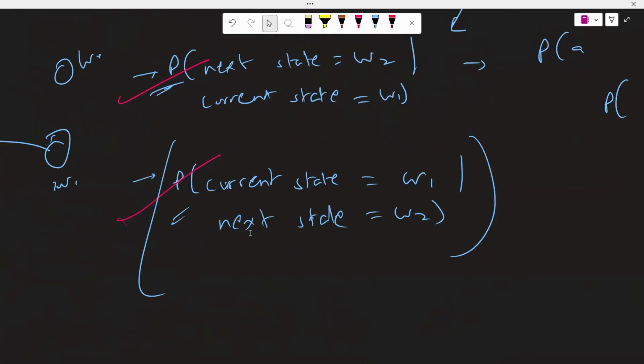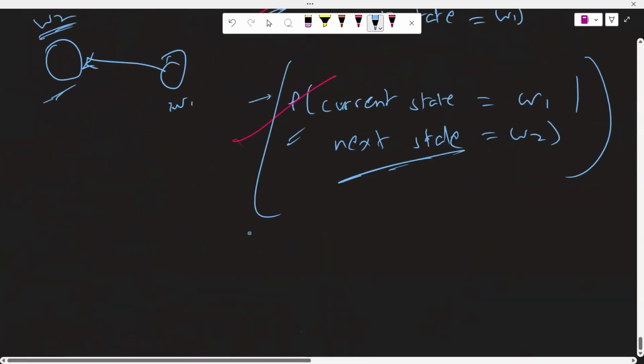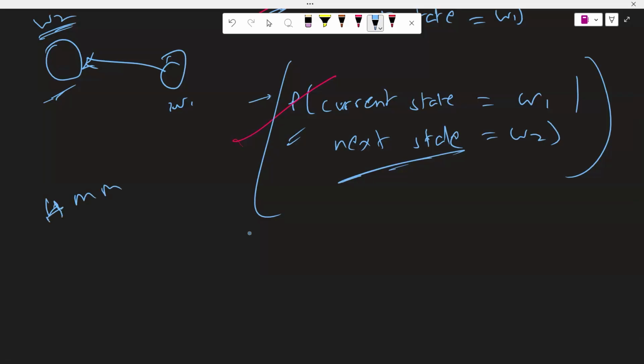Only reason being you are going to follow a map, because we have not seen the map, but the name is Hidden Markov Model, and this is coming from the logic of Markov chain. The logic is based on Markov chain.